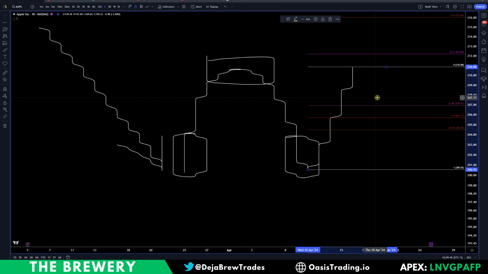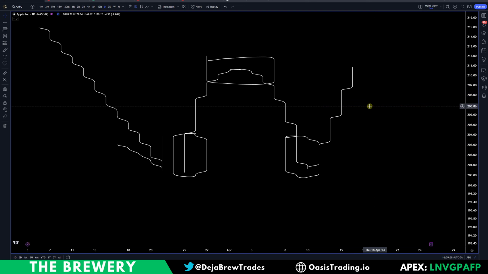If it pulls back deeper than the 382, then most of the time that Bulldog pattern is invalidated. So 25% to around 38.2%, that is the deepest you want to see that correction. That will finalize the Bulldog pattern.